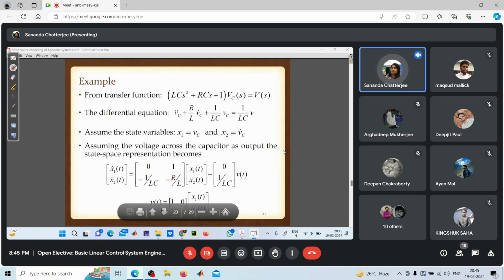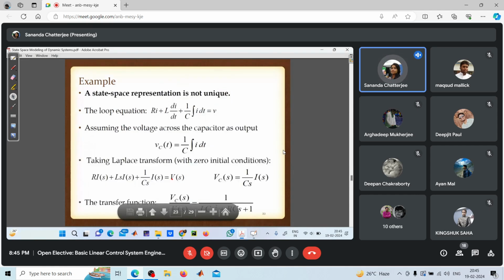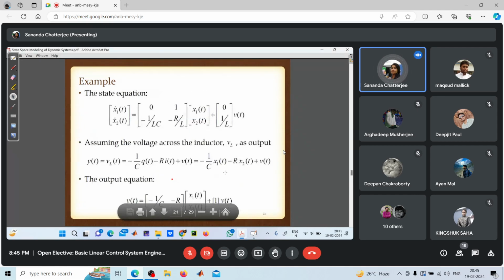By this choice I get the state space representation as this. You see, the two state space representations are different for the same system. This was one representation, with the A matrix, B, C, and D matrices as shown.